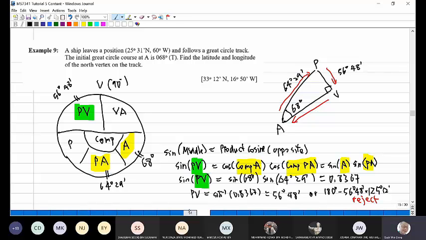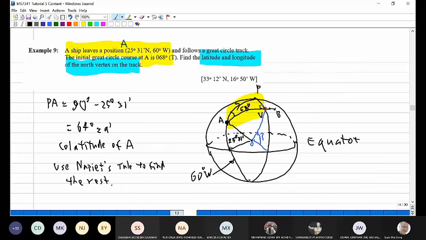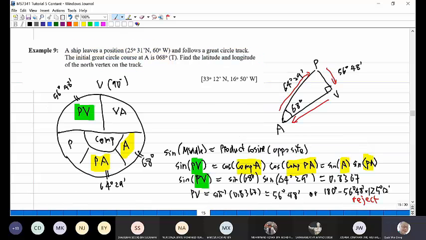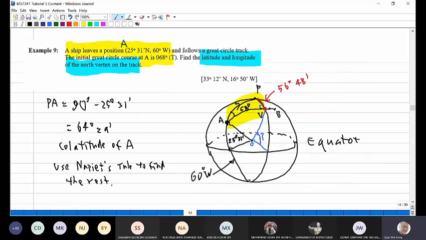So you go back to the earlier diagram. I know PV, so this PV here is 56 degrees, 48 minutes here.